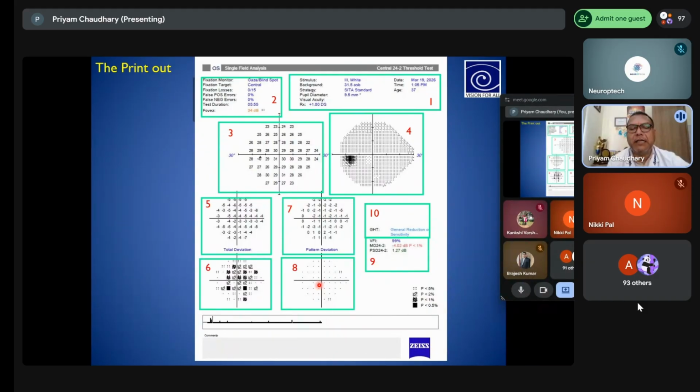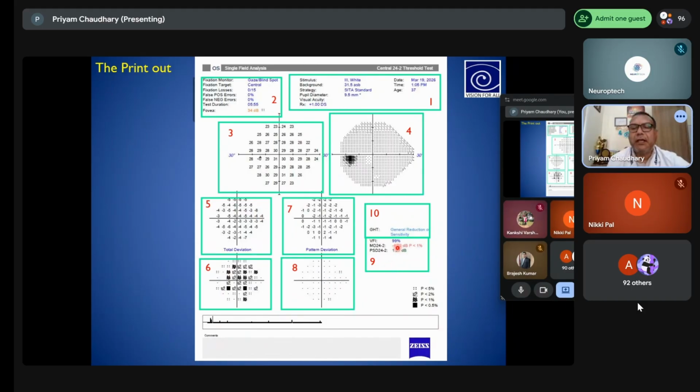You perform 10-2 because your defect or field loss is within the field of 6 degrees. Why 10-2? In 10-2, each point is at a 2 degree interval. So the central point is 1 degree, and you can easily catch the 1 degree field also.